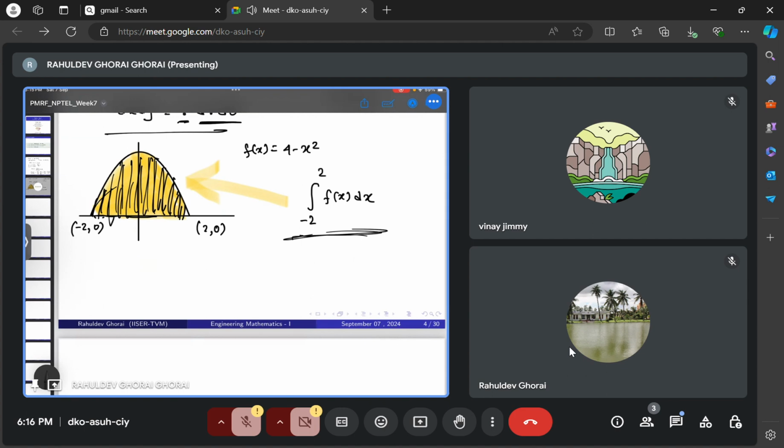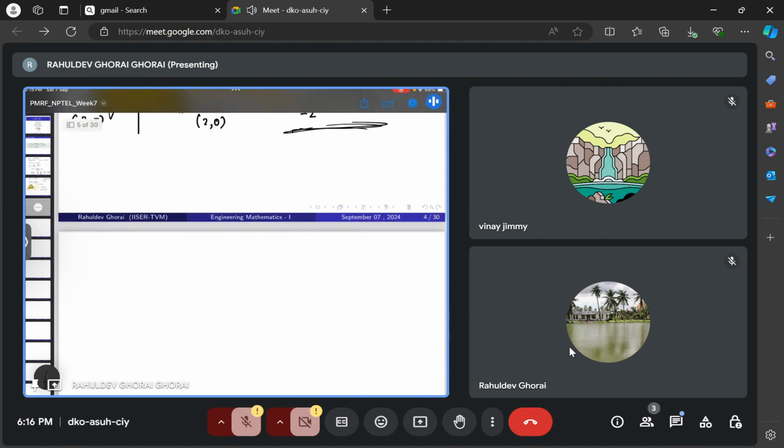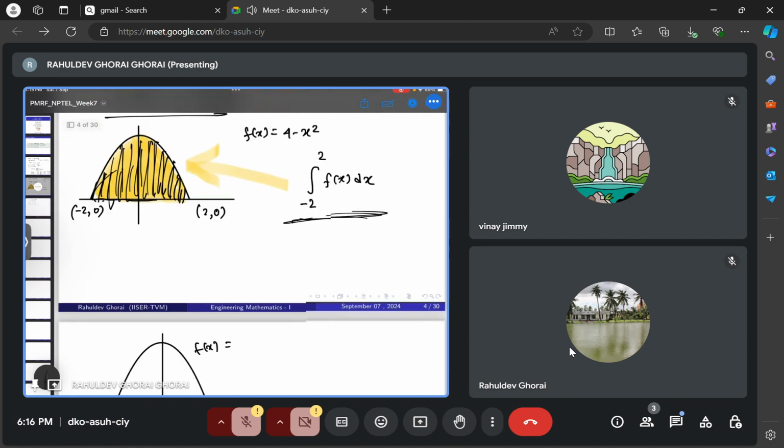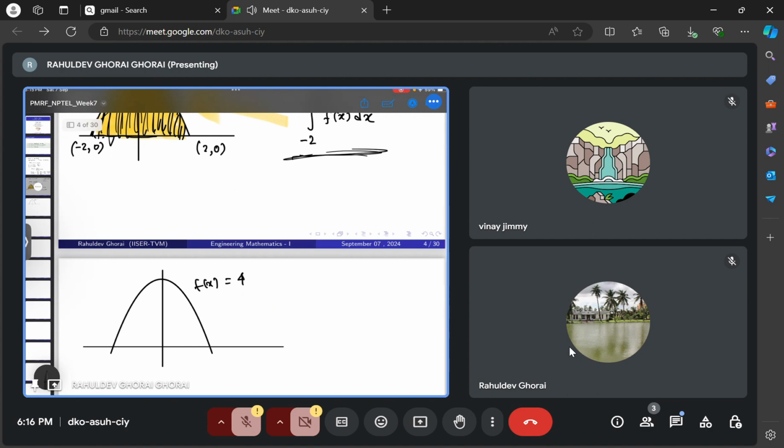How is that? You see, I have a function f(x) equal to 4 minus x square. You can interpret this as y equal to f(x) equal to 4 minus x square, so two variables come into the picture.